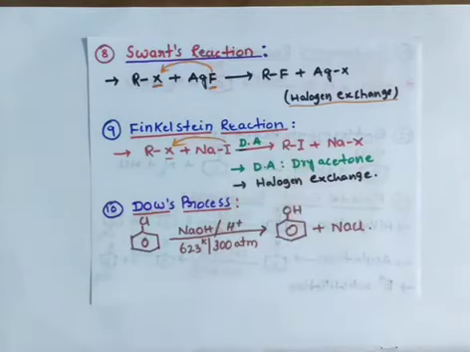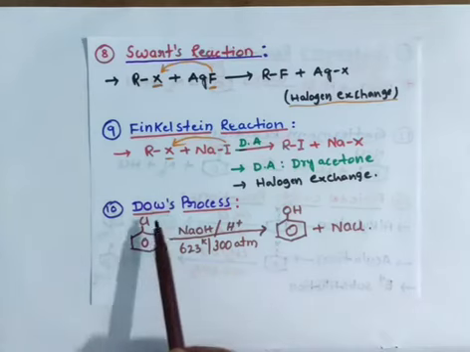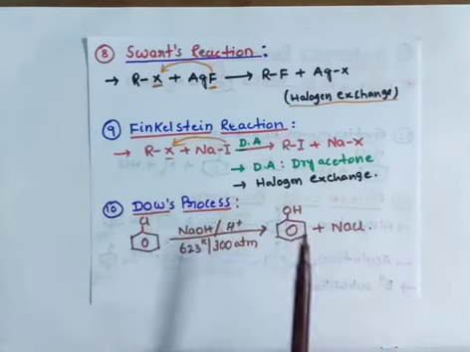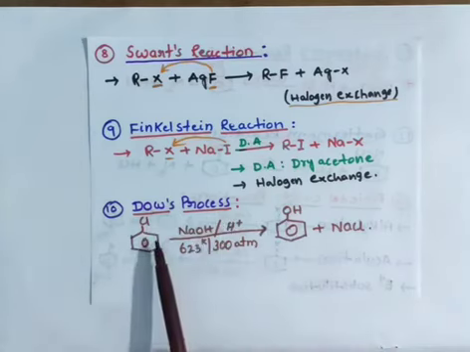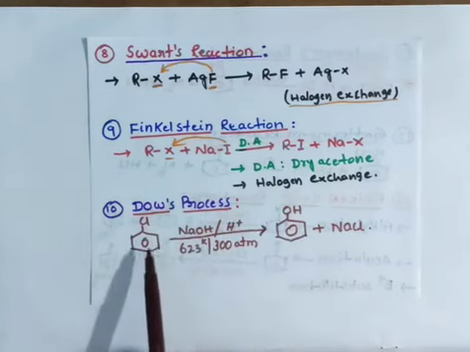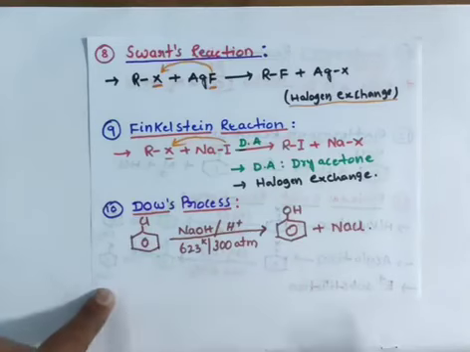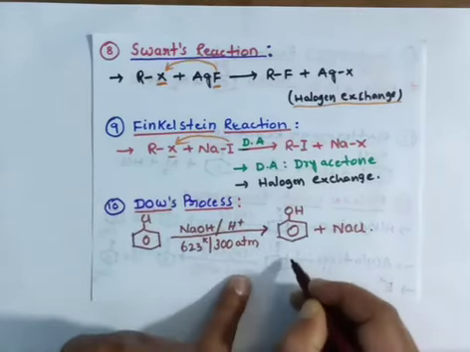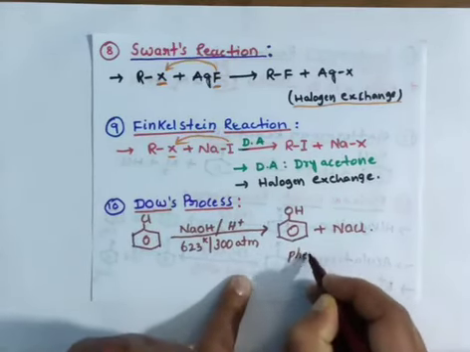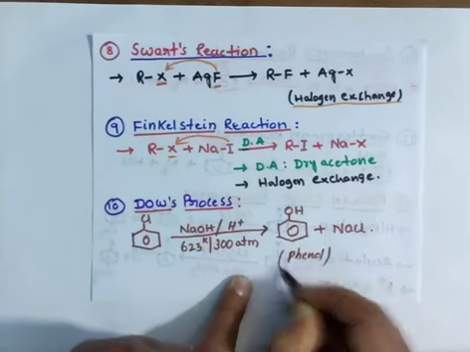Next, another important organic named reaction, Dow's process. In Dow's process, from haloarenes we are preparing phenol. This is chlorobenzene and this is phenol. So we can prepare phenol. Clear?